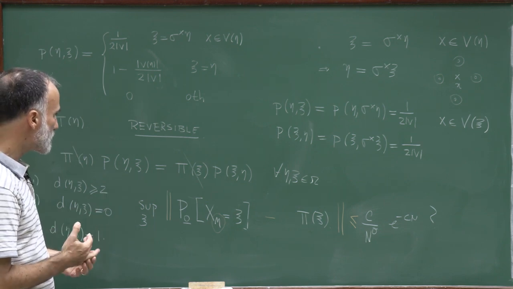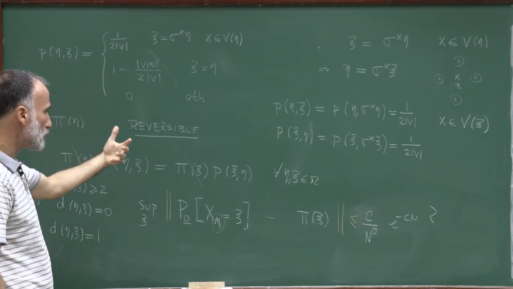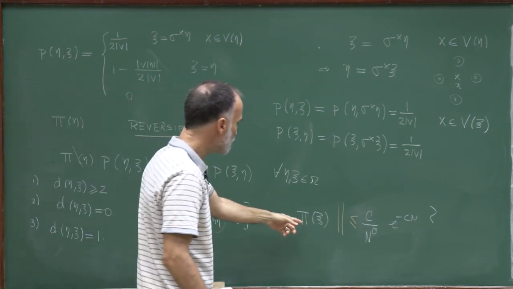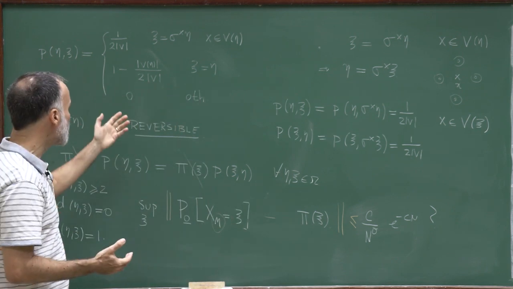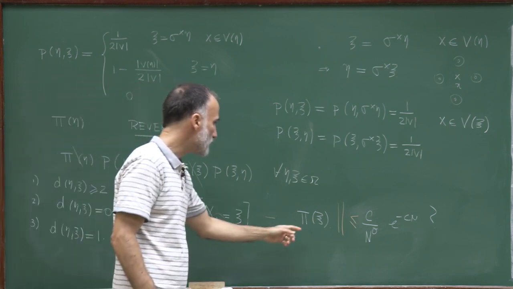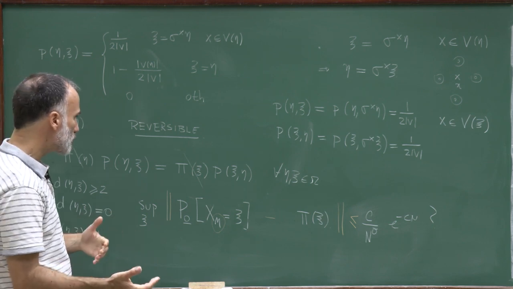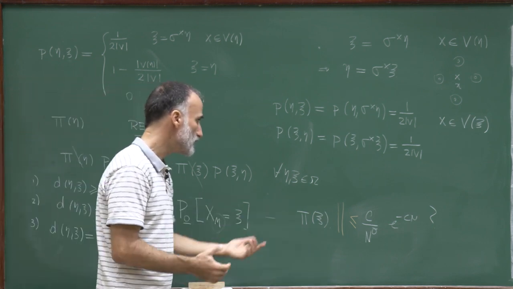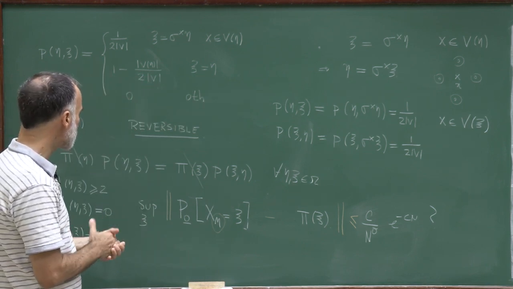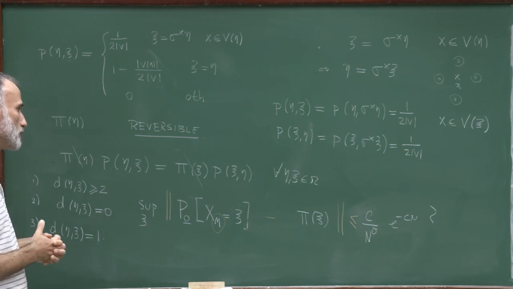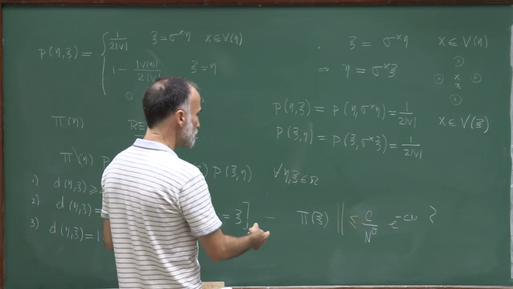There is a second problem which is very interesting. Here I defined one Markov chain whose invariant measure is pi, and it's reversible. Of course, it's easy to create other dynamics, other Markov chains, which have the same invariant measure pi. And maybe one of them converges faster to the stationary state than the other. So we would like to investigate, and this is a very interesting topic, the rate of convergence to stationarity.